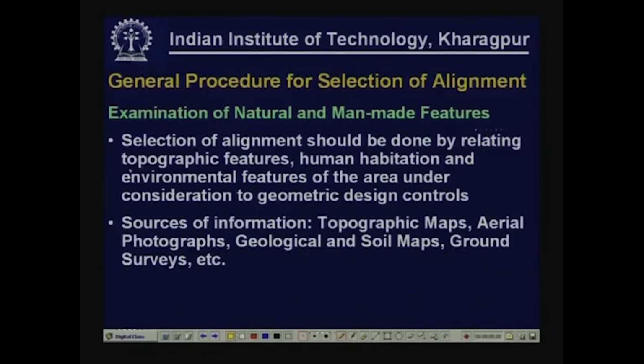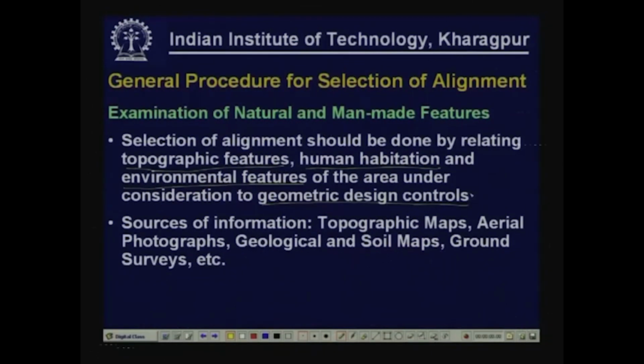That means, we have topographic features, we have human habitation, we also have environmental features. These are the three major aspects, and we have to relate them to the geometric design controls. So, we have geometric design controls on one hand, and on the other side we have topographic features, human habitation and environmental features.